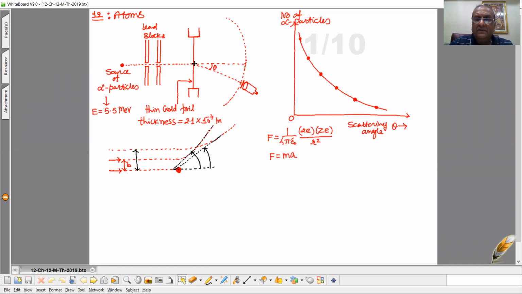Then definitely it experiences a strong repulsive force.